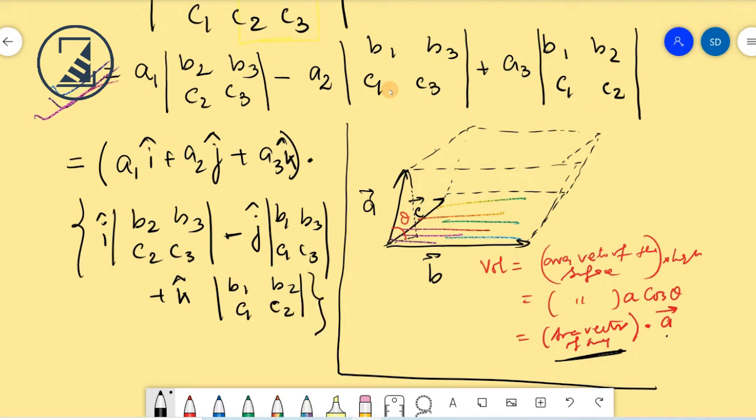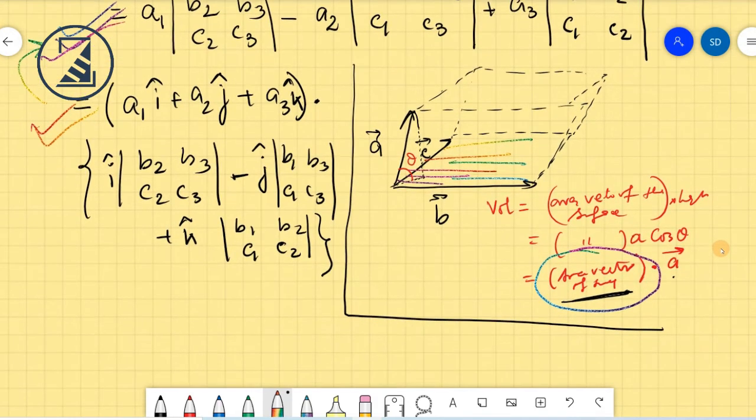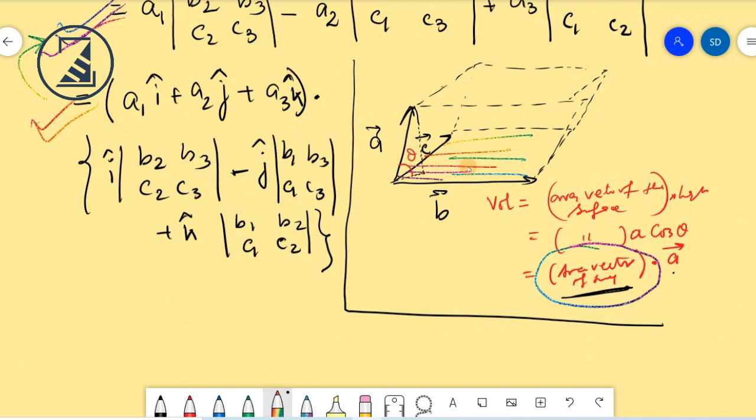See, this dot product is going to give me this expanded determinant. So what we have done is we have constructed this thing, area vector of the base, and the area vector of the base is nothing but the area of the parallelogram constructed by vector B and vector C. This is the area of this parallelogram constructed with B and C.